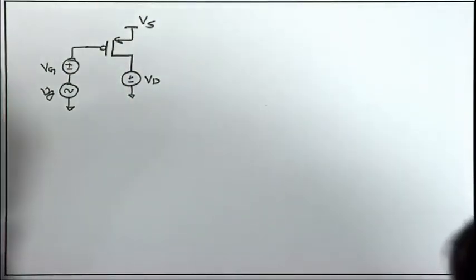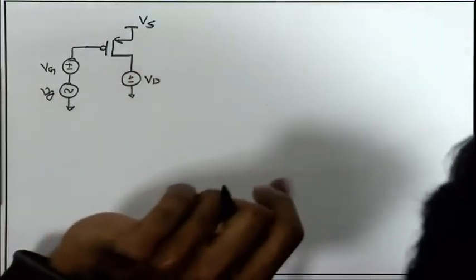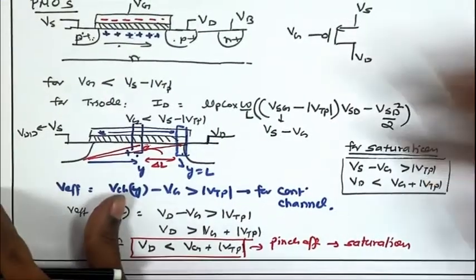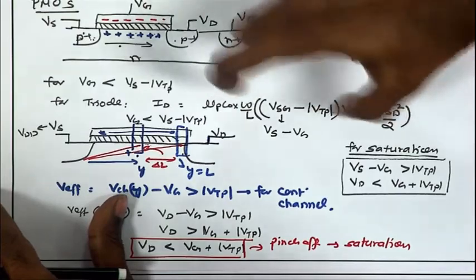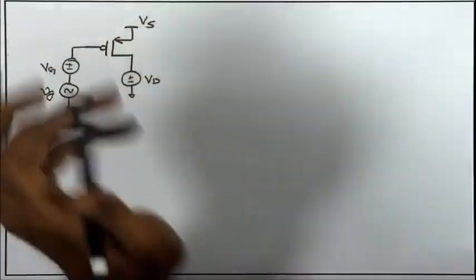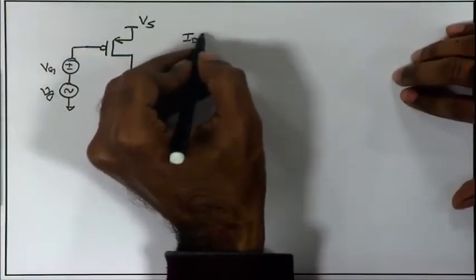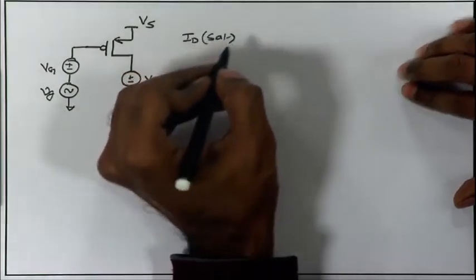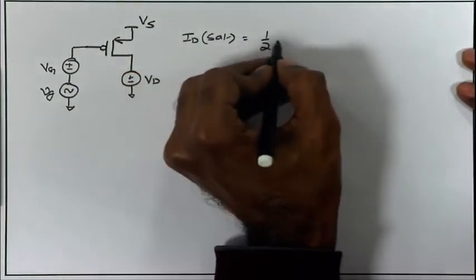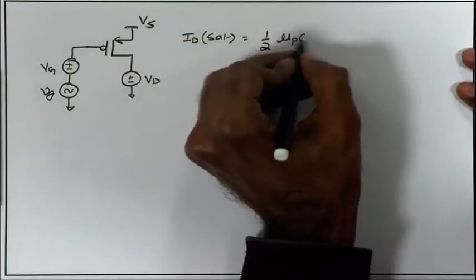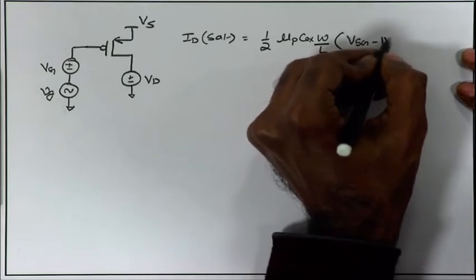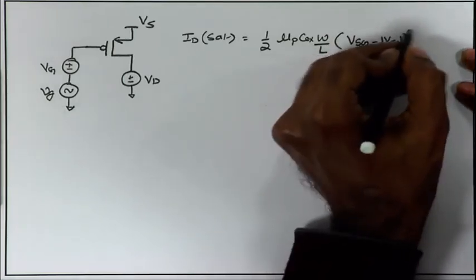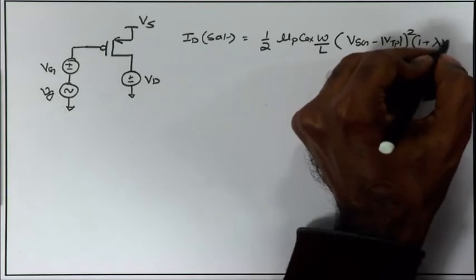Now, remember the drain current that we have defined using the equation for PMOS that we just arrived at, Vsg minus mod Vtp. This is for the triode region. For saturation region, once again the same equation, Id saturation region for the PMOS, 1 upon 2 mu p Cox W by L, Vsg minus mod Vtp square, 1 plus lambda Vsd.